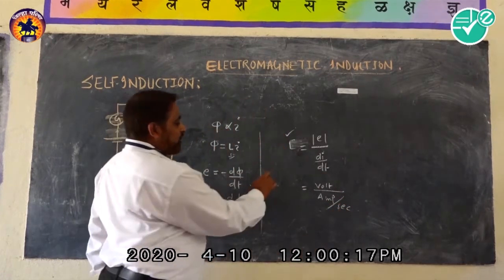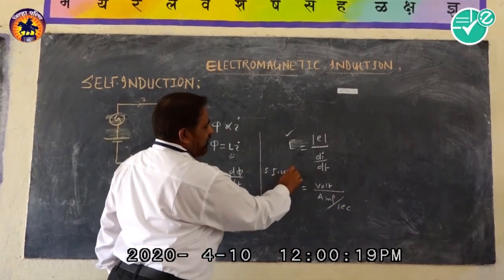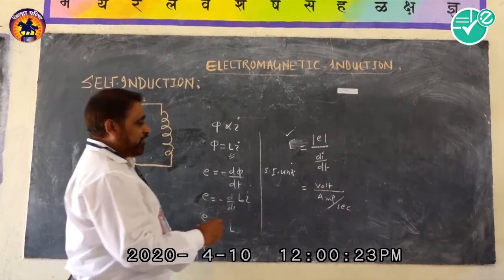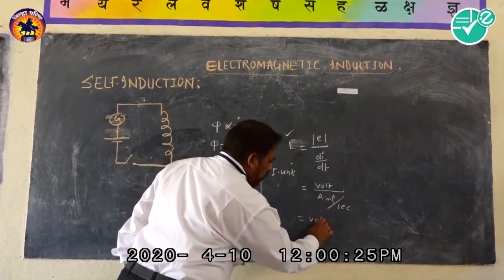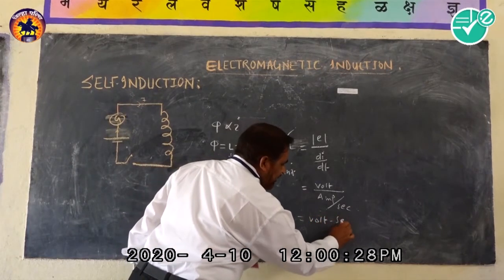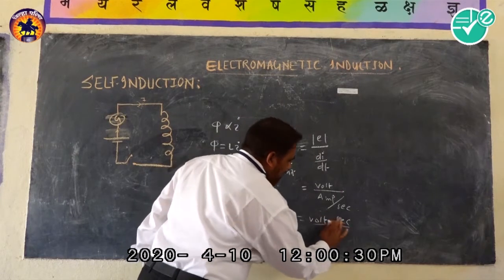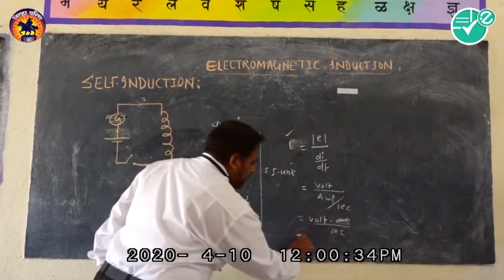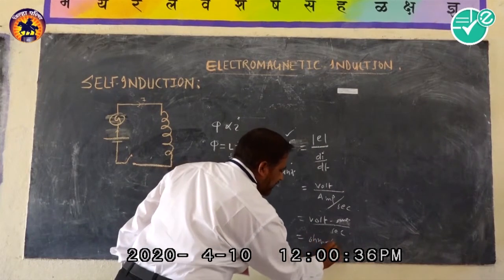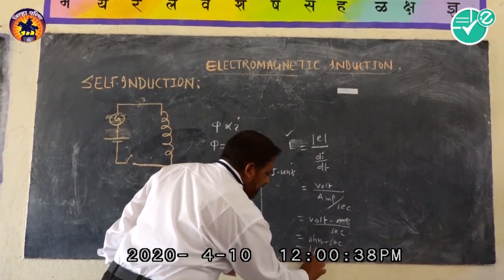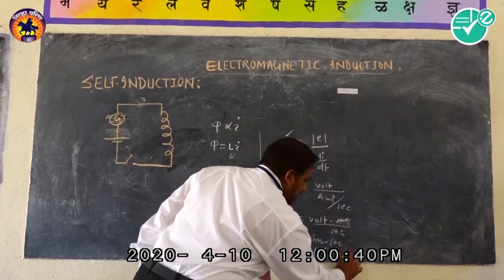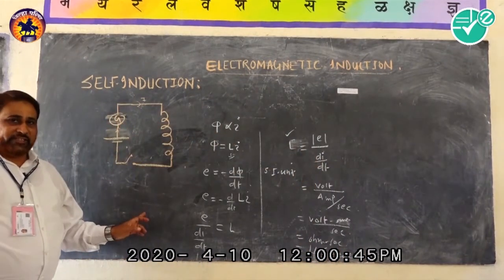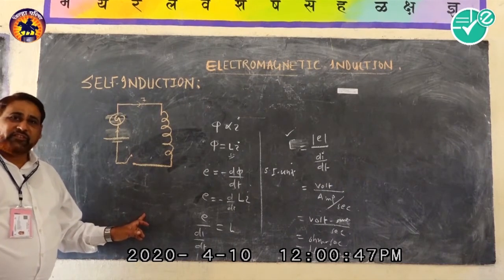So the SI unit of self-inductance will be volt per ampere per second. That can be written as volt second per ampere, and that can also be written as ohm second, which is called Henry. So this is about the self-inductance, the concept of self-induction.